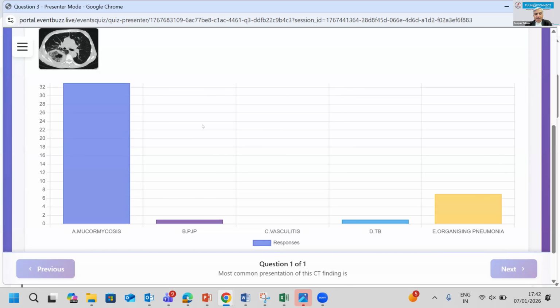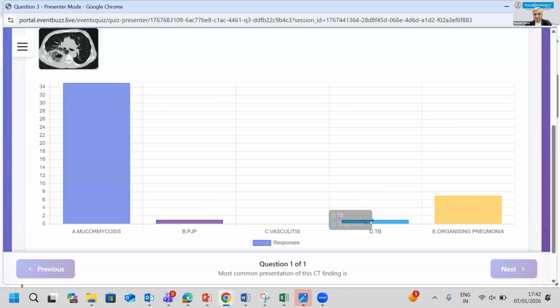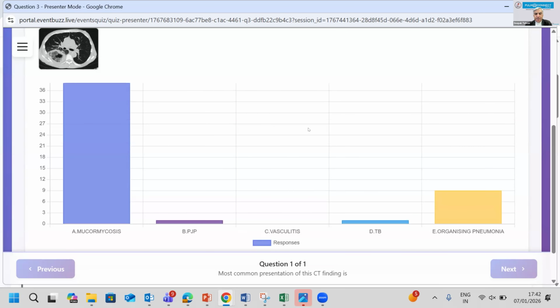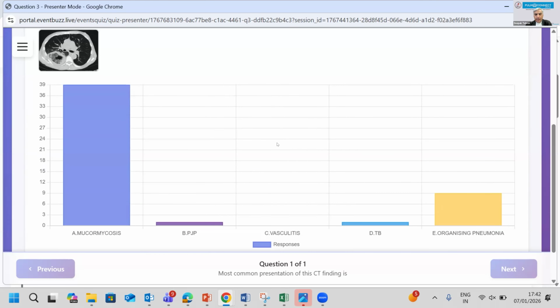One of the things is that all of them can cause this. Now you have to find out which is the most common one. So this is little tricky. So remember for the postgraduates that this sign can be seen in these conditions. I think that is also a good take-home point.